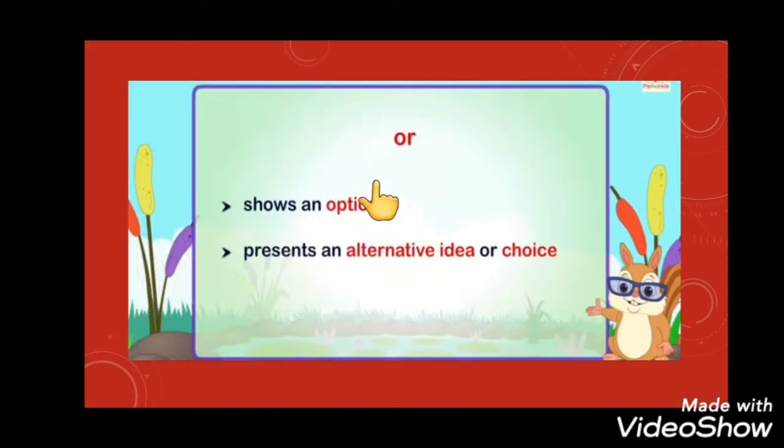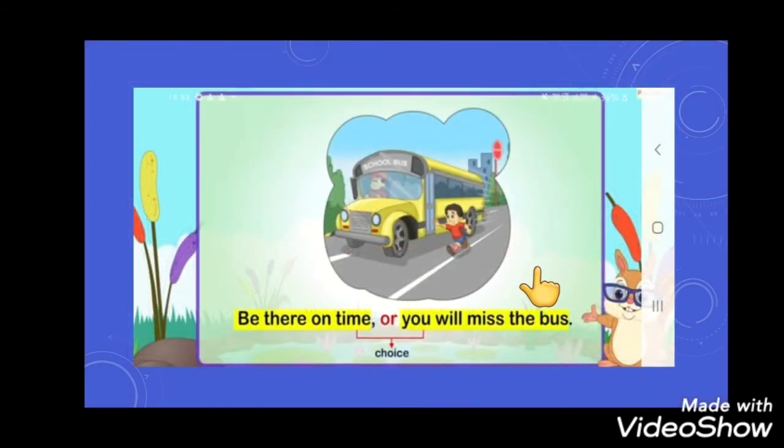Or is another conjunction, shows an option, presents an alternative idea or choice. Students, we use or for showing the option, any alternative choices or ideas. Let's see the example. Be there on time or you will miss the bus.